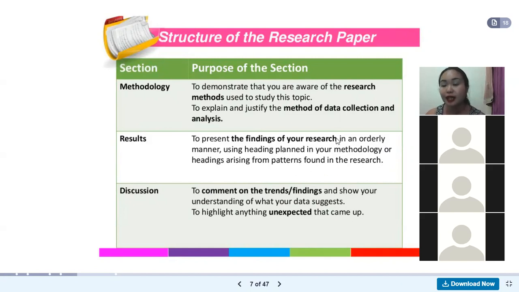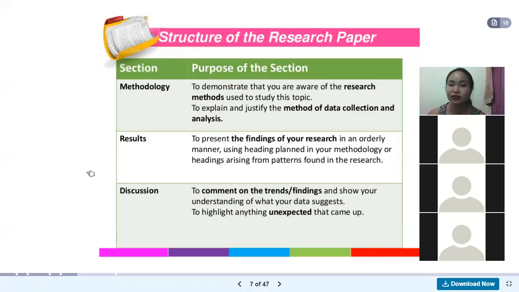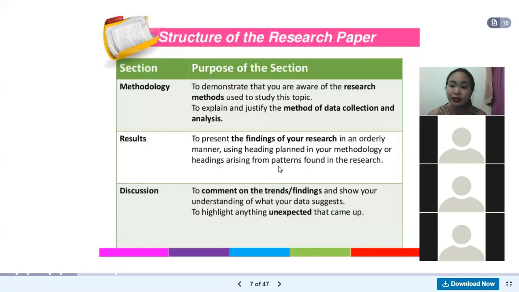So sometimes what's in your proposal may not be exactly what will be in the result. That depends, like if you're going to use an open-ended question or exploratory research. If you do that, it depends on who you interviewed, on the direction. The result might not be in the proposal, but it just came out after the study.